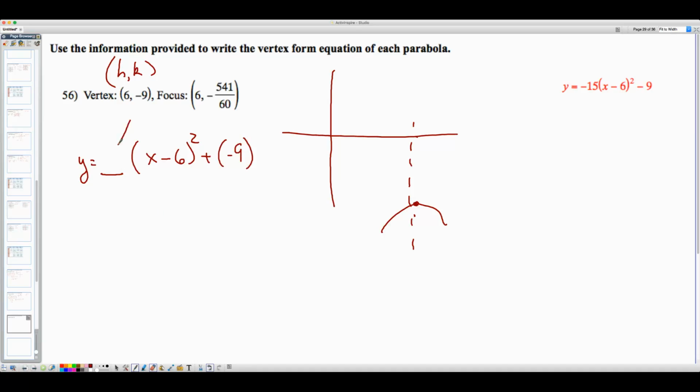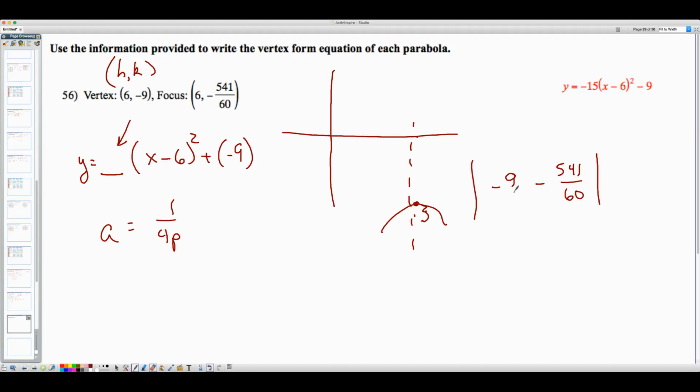And I need to know what this value is. This value is a. A is equal to 1 over 4p. P is this distance between my focus and my vertex. So it's going to be the absolute value of -9 minus 541 over 60.